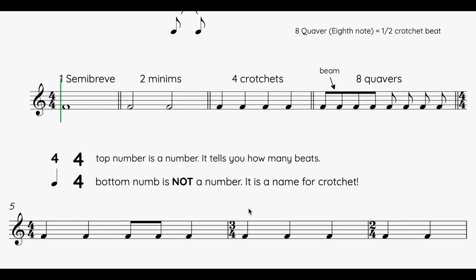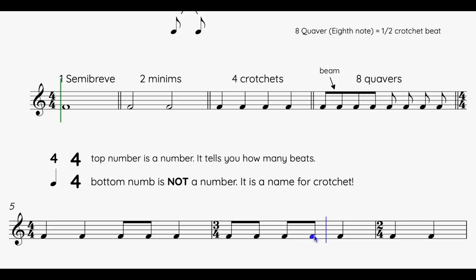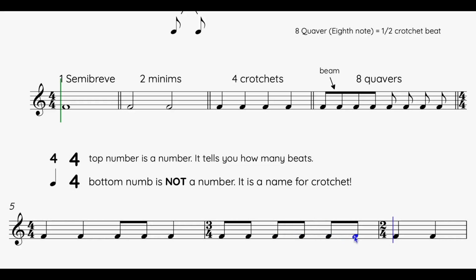So there's different possibilities. I could turn all of these into quavers, right? Because you can see the beams here. These are called beams, the bar that kind of goes across there. So you can see these beams are showing us, normally there'd be 3 crotchet beats in this bar.